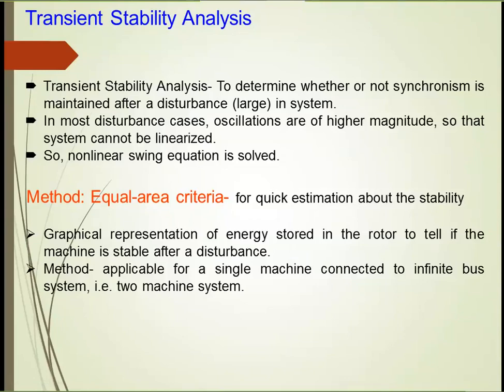So we define one area saying that you have energy stored, and if the energy which is stored is released for the new operating point, that means whatever energy was gained following the disturbance is released out, then the system will get to the new operating point in a stable way.